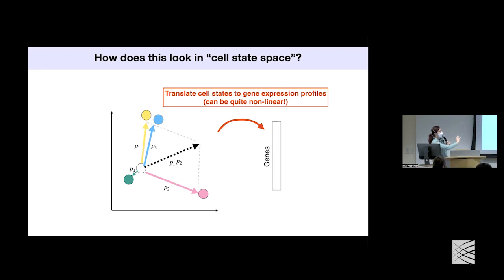Of course, this abstract cell state space then has to be brought back to reality and converted into a gene expression profile, and we'll talk about how to do that. But you can imagine there can be quite a bit of nonlinearity between the cell state space and the actual gene expression profile. A small change in the cell state space might be a large change in specific pathways, or larger changes could be associated with specific types of pathways.